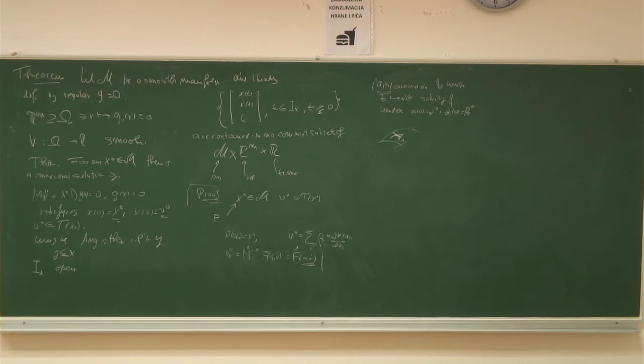Two different solutions in the standard case, impossible. Once you have this, you can now define your maximal solution and everything is just the same as in the general theory.